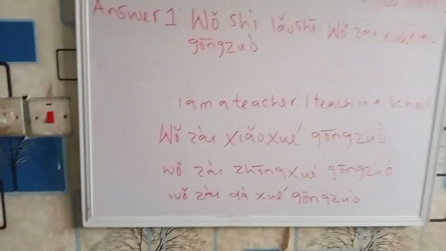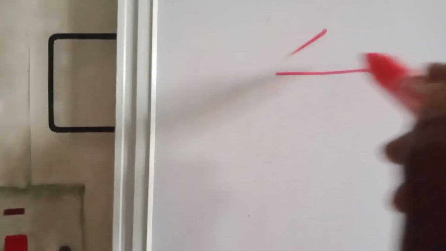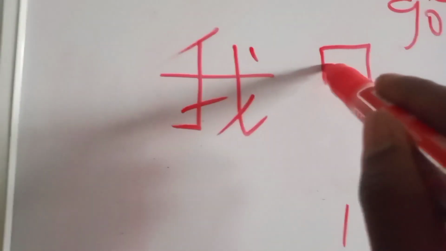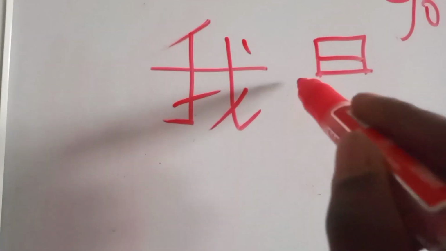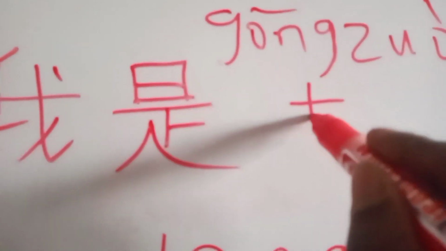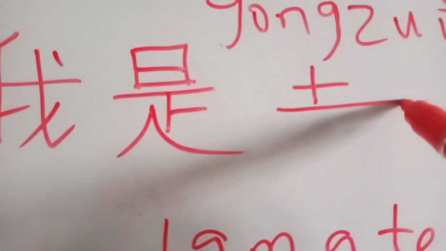I work online. So, 我, we have written 我 quite a few times. This should register in our heads right now. 我, we have written 是 a couple of times also. This is 是. 老师 means teacher.